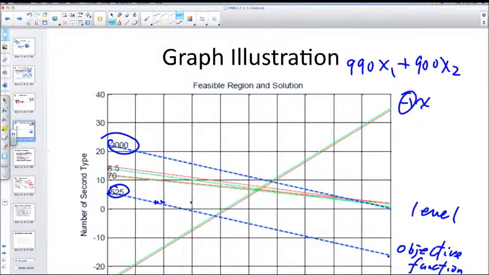But one constraint, your solution needs to be inside of this physical domain. So if I move this blue line to this point here, let me move this. Like here, you can see that particular solution will maximize this productivity.